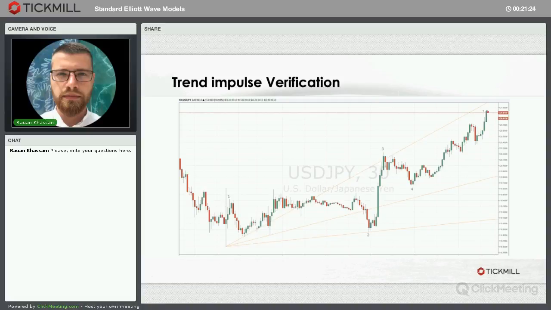A very important part of Elliott wave analysis is the verification of trend impulse, especially if you're covering it in live mode when it's being developed alongside your trading. So the first tool for trend impulse verification is the 0 to 2 line.